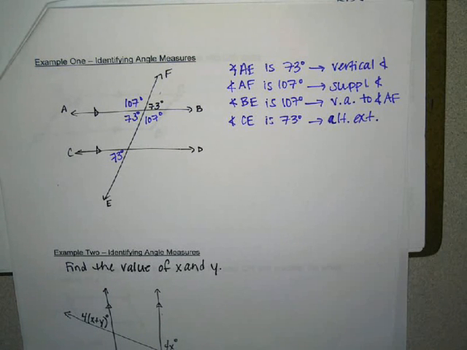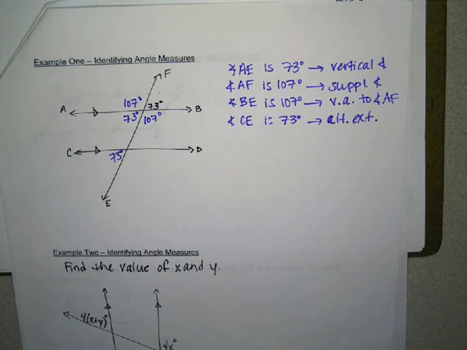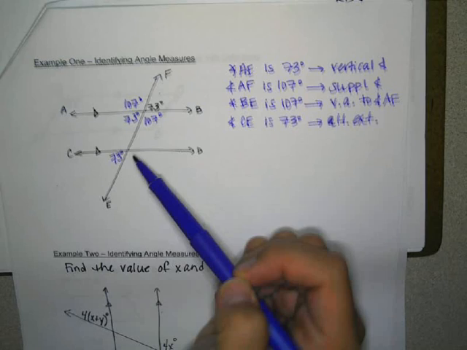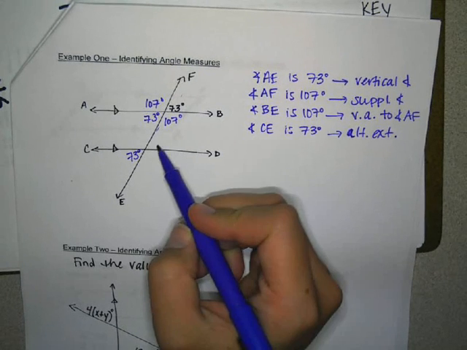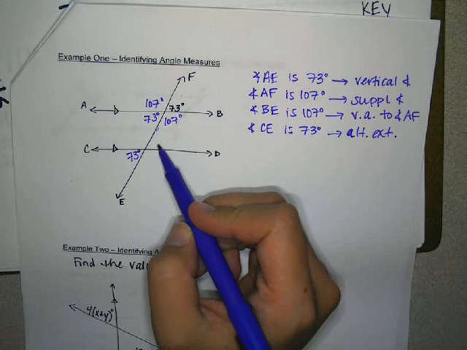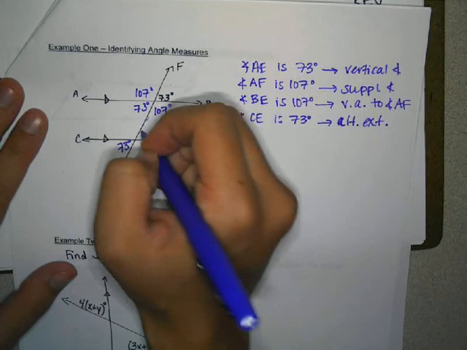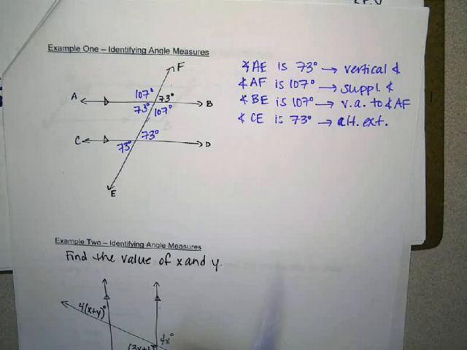And then basically down here we're going to have a repeat of what we just did up here. Because this angle now, angle FD, that angle is a vertical angle to this one. So what's the measure of this one then? 73. Okay.